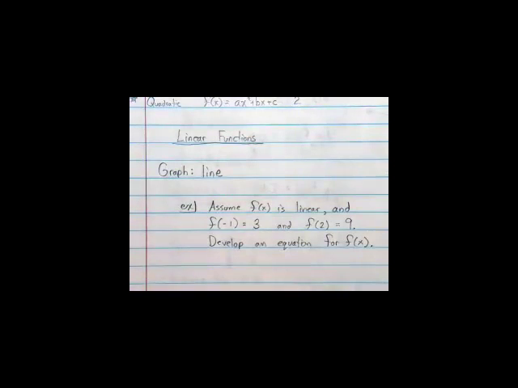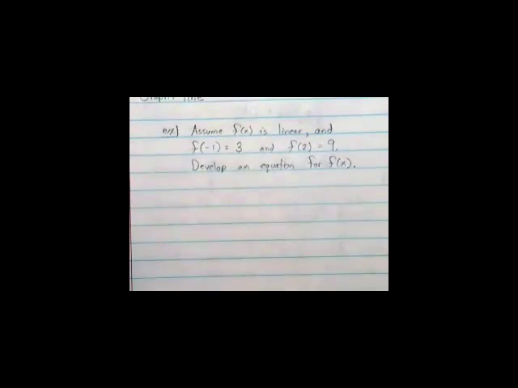Okay, now this is written in a way that you probably haven't seen before with this type of thing. This f of negative 1 equals 3, f of 2 equals 9. In the past, when you were doing this kind of thing, you were probably just given 2 points. Well, I really did just give you 2 points. I just wrote them in function notation. So if f of negative 1 equals 3, what ordered pair is that? What point is that?